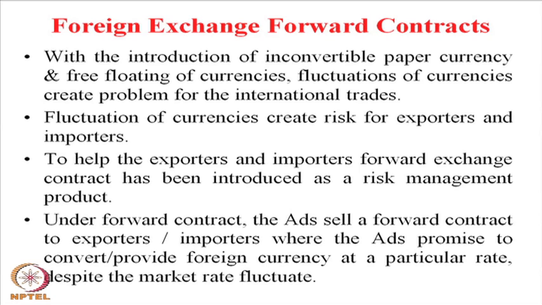What does it mean? It means that whenever an exporter or importer gets a forward contract which will be applicable in the near future, in between, any foreign currency fluctuation does not affect the exporter or importer, because they are immune to foreign currency fluctuation in the actual market.